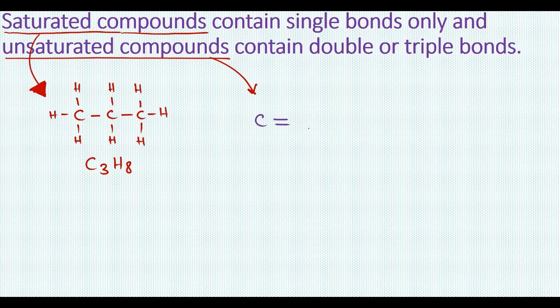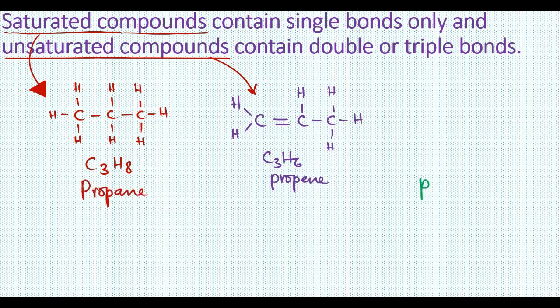For instance, propene contains 2 hydrogen atoms less than propane. So this is C3H6, this is a propene, and a propyne would have 2 further hydrogen atoms less than a propene. Because of the presence of a triple covalent bond, the number of hydrogen atoms reduces because the valency of carbon should remain 4.